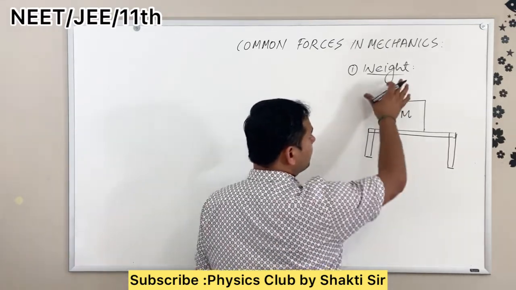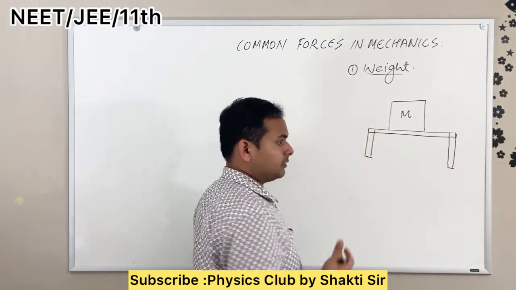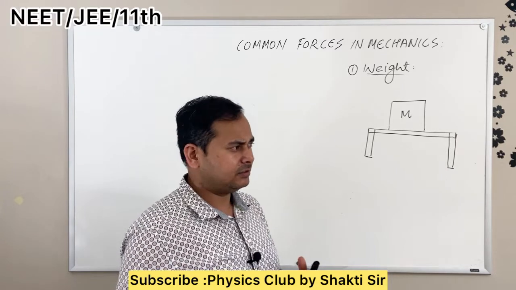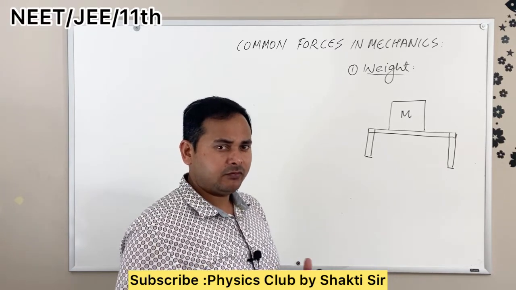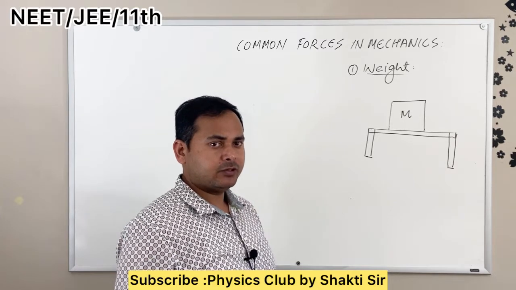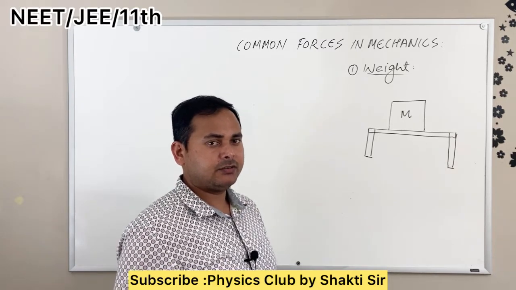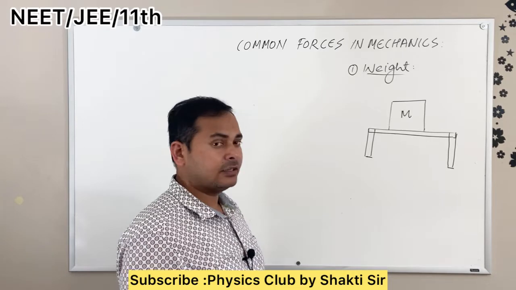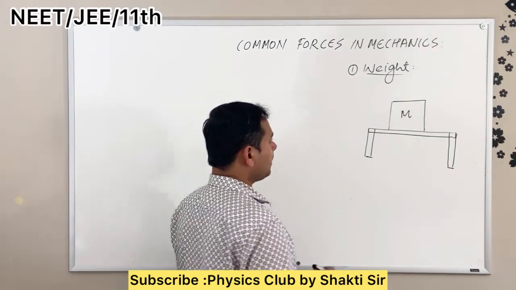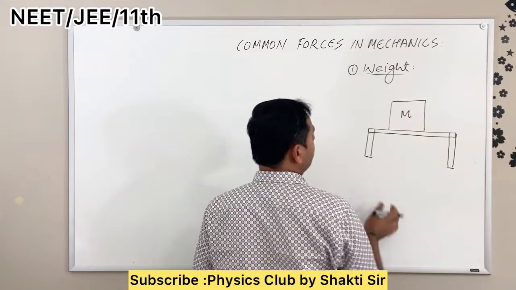Sometimes we confuse it with mass. We consider weight and mass as equal terms, but in physics weight and mass are totally different. Mass is a scalar physical quantity, but weight is a force, with SI unit newtons.